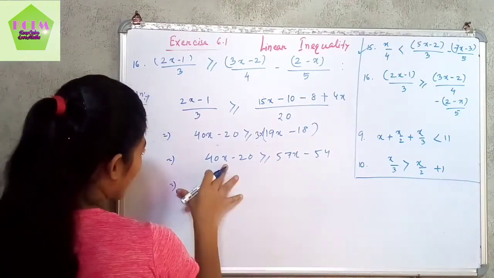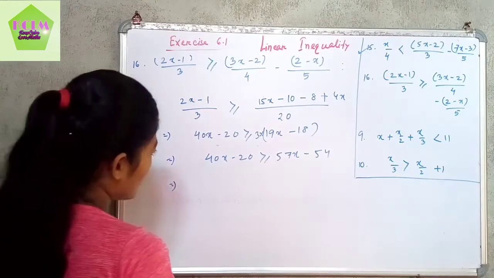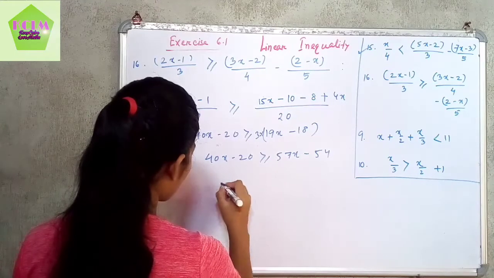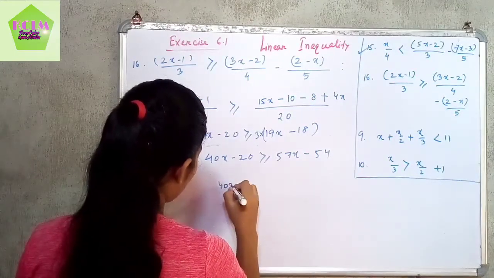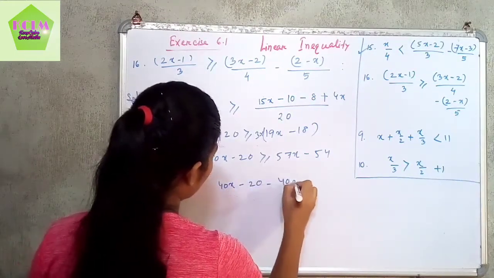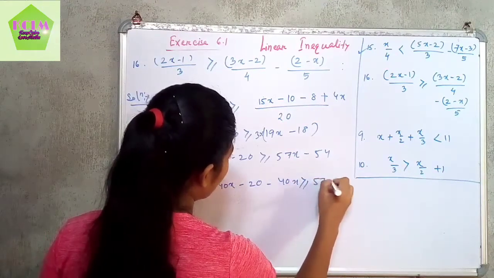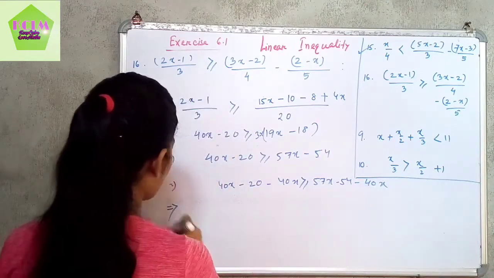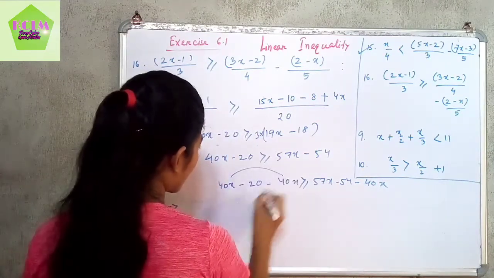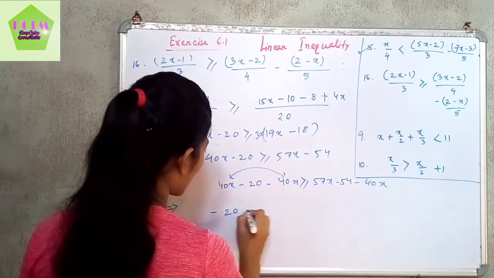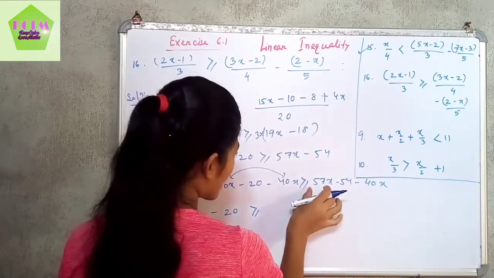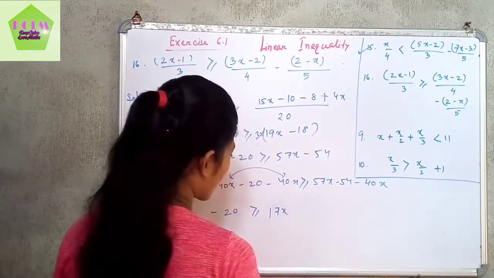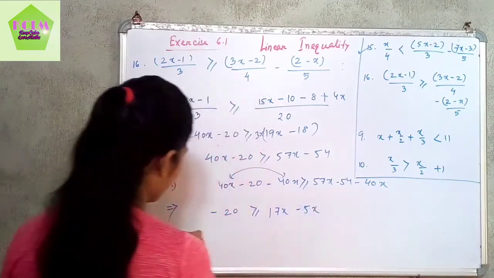Since we need to find the value of x only, again balancing this given inequality, we subtract both sides by 40x. Then this cancels out, remaining minus 20 is greater than or equal to 57x minus 40x, that means 17x minus 54.